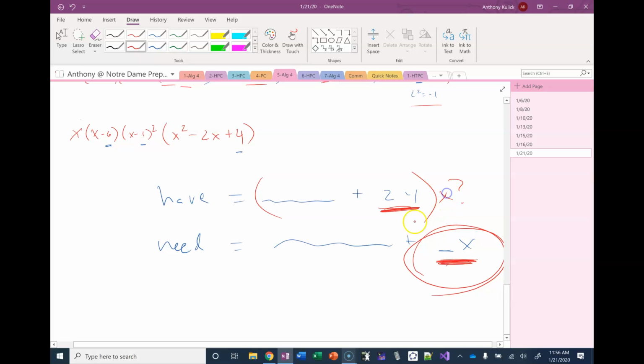So if I multiply this by x, I'd end up with something plus 24x, right? Everybody agree? And that'll do it, right? Is that going to affect the solutions? No, because I still have this thing equal to 0. So when I set everything equal to 0 and solve, there's no problem.